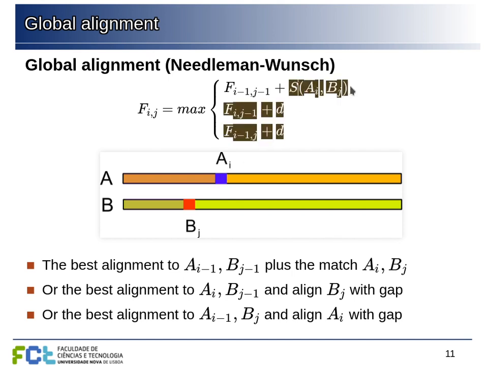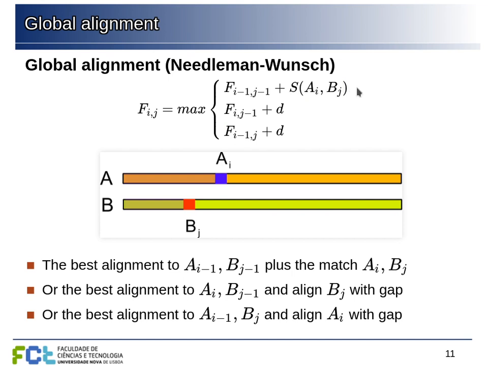So we have the score coming from matching Ai to Bj, which in our case can be -1 if they are not identical, or +1 if they are identical. And this we add to the best score obtained from aligning this shaded region before Ai and this shaded region before Bj. So this would be one possibility.